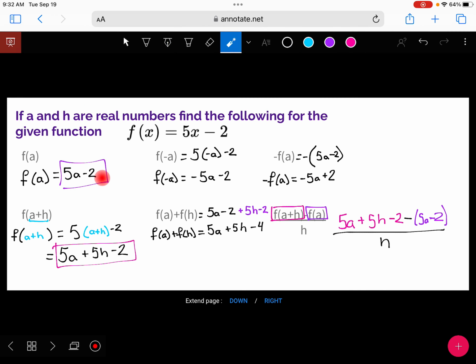Because we used f of a. Isn't it f of a plus h minus f of a?